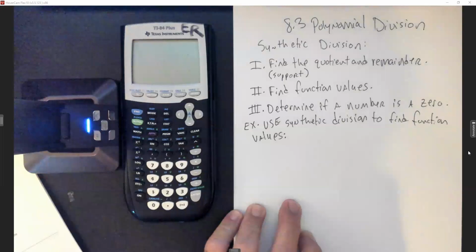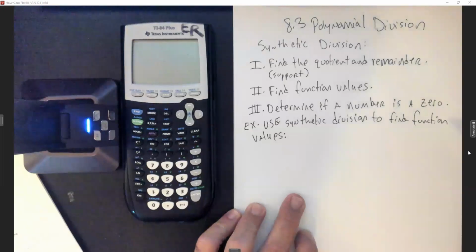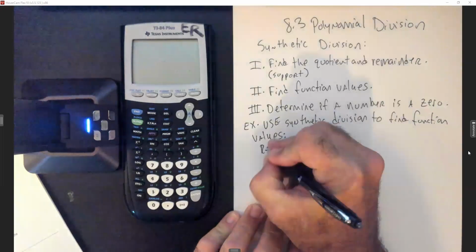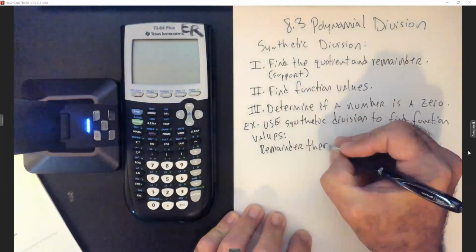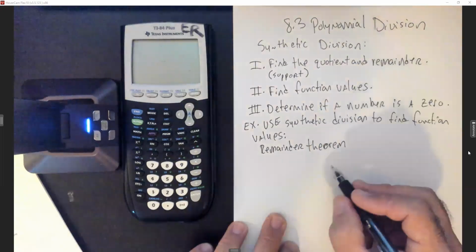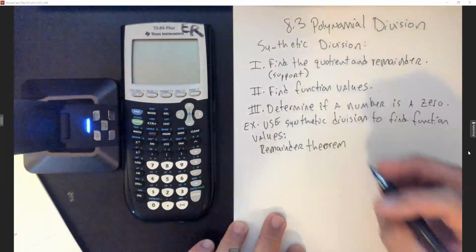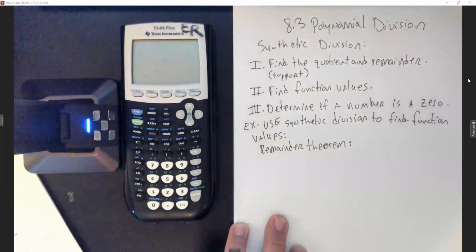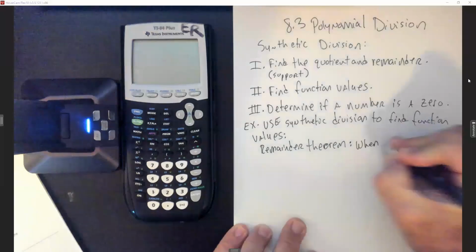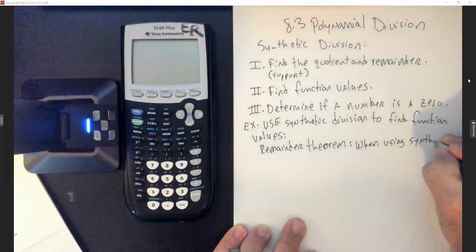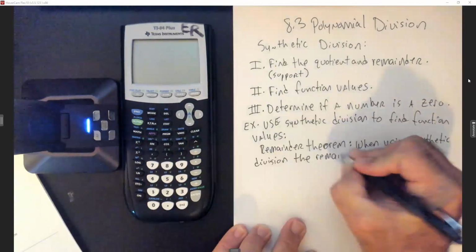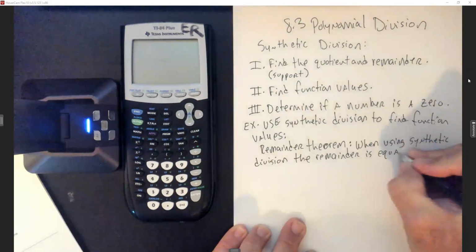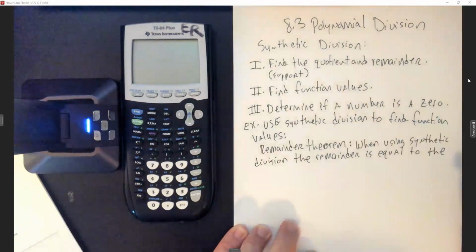So we got a little theorem called the remainder theorem, and the remainder theorem tells us, I don't know if that's how to spell theorem, but close enough, that when using synthetic division, the remainder is equal to the function value.